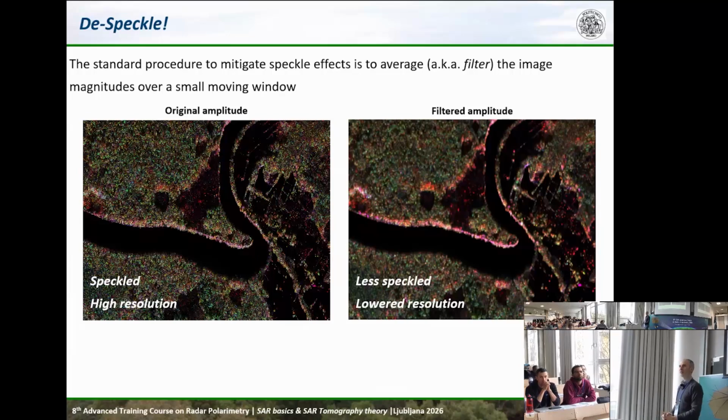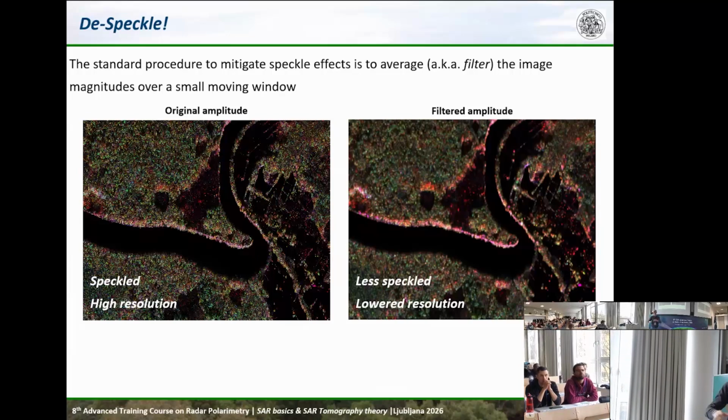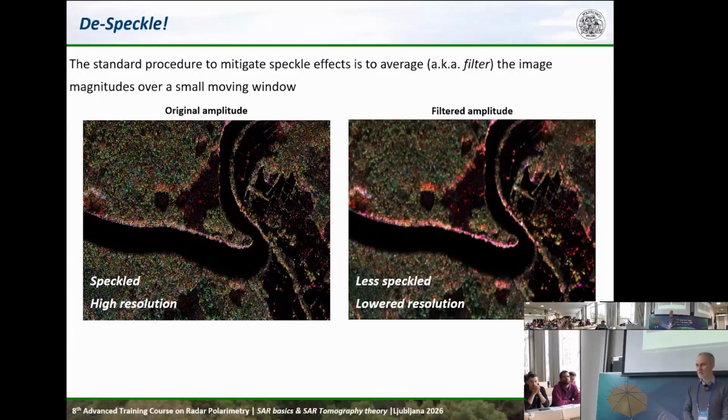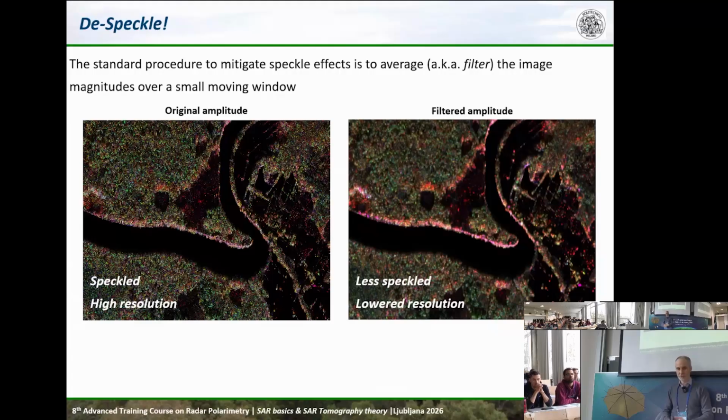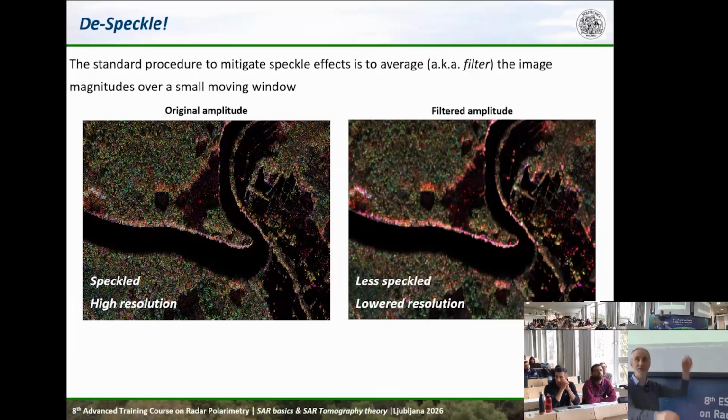How does it work? Well, the term speckle filter looks very sophisticated, and indeed there is a lot of literature with really sophisticated approaches. In its simplest implementation, you take a magnitude image, like the one we just saw, and you do a moving window.